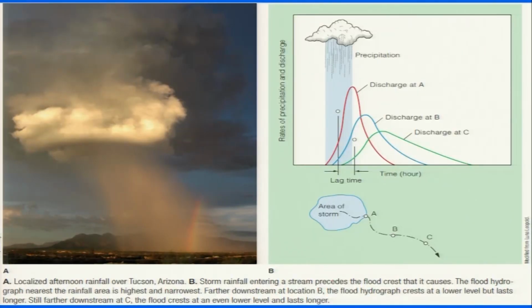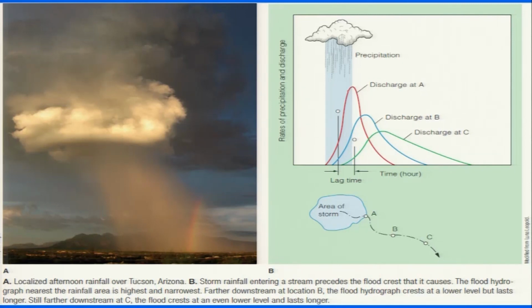So this is an example given: if you have torrential rain precipitation in this area, the lags will be different at discharge A, discharge B and discharge C. This is an example of localized rainfall from Tucson, Arizona, and this figure shows the storm rainfall entering a stream beside the flood crest that is caused.